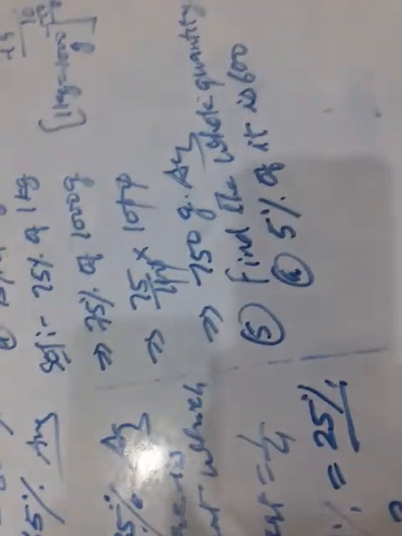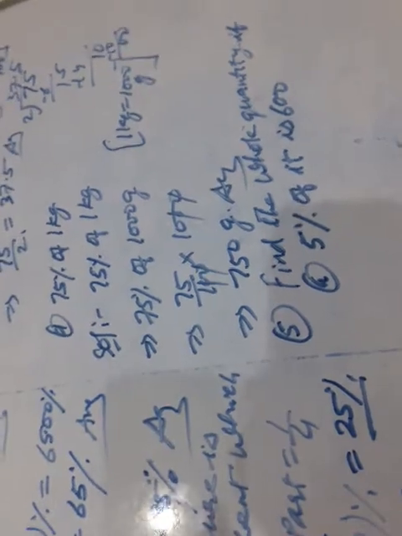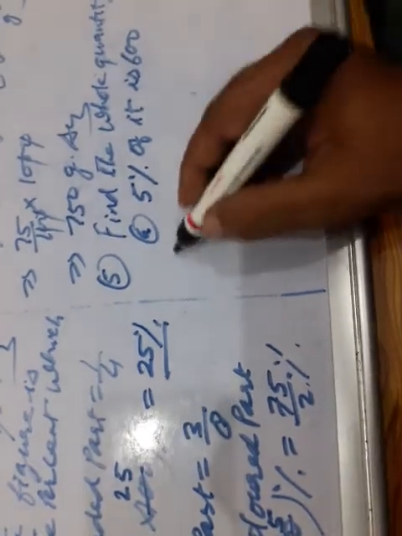Here children, notice the meaning of the question. Here the whole quantity is required to be found out. Clear? And the part is given. Find the whole quantity if 5% of it is 600. Start solving.